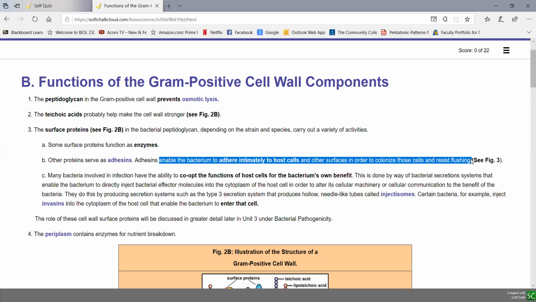Any microbe that's going to colonize our body has to have some way of adhering to the cells so it's not flushed away. Virtually every part of our body has a flushing action. And we're going to learn eventually several ways bacteria adhere, but one of the ways most bacteria eventually adhere is through cell wall adhesins, surface proteins that fit receptors on our cells and allow the bacteria to bind to that cell, colonize that cell, and resist flushing.